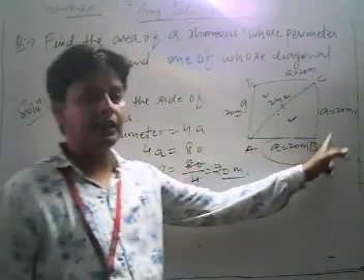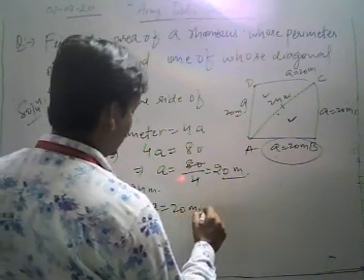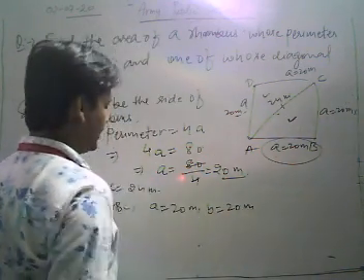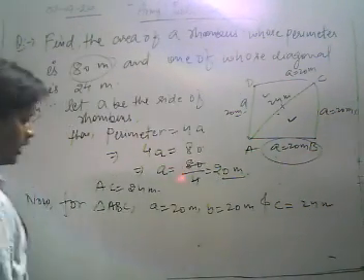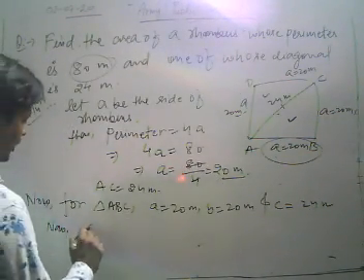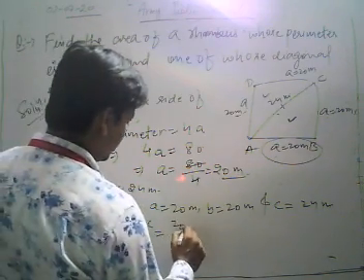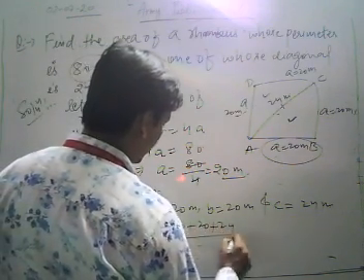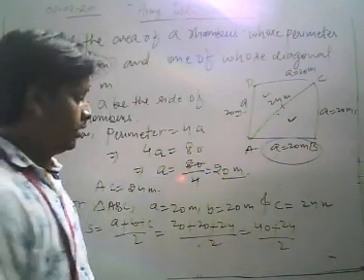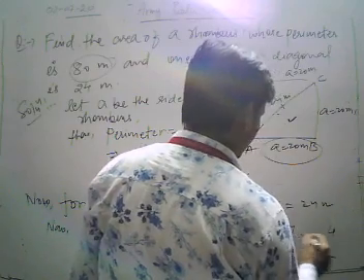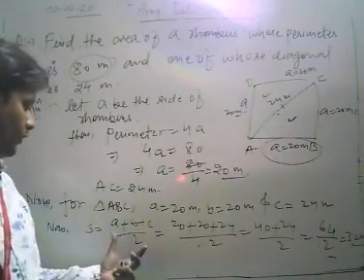For triangle ABC, first side 20 meter, second also 20 meter, and third is equal to 24 meter. Now the semi perimeter of the triangle is a plus b plus c upon 2, that is 20 plus 20 plus 24 upon 2, that is 40 plus 24 upon 2, that is 64 upon 2, that is 32 meter. So the value of semi perimeter is 32 meter.